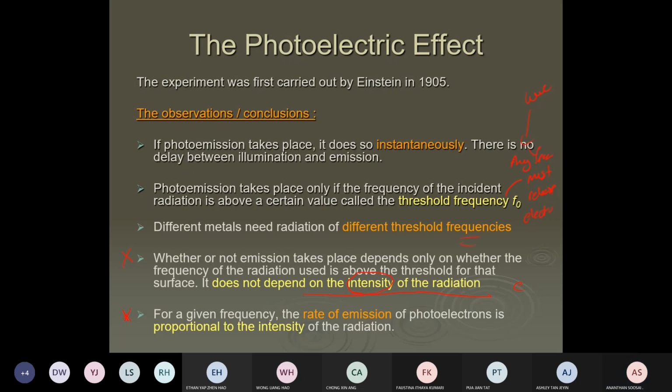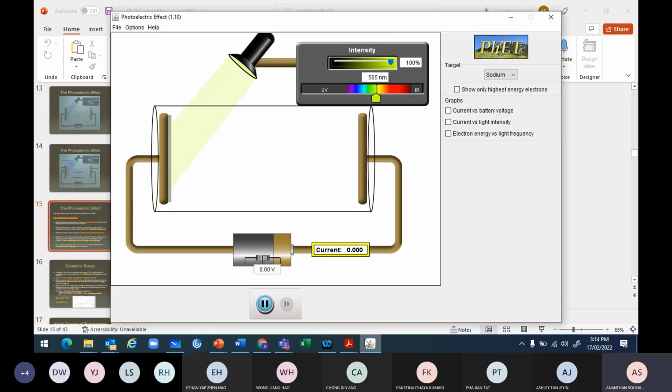Another two outcomes they found: different metals need different threshold frequencies. They found that if the metal here was changed to a different type of metal, the threshold frequency changed. For this particular metal, I think 516, right?